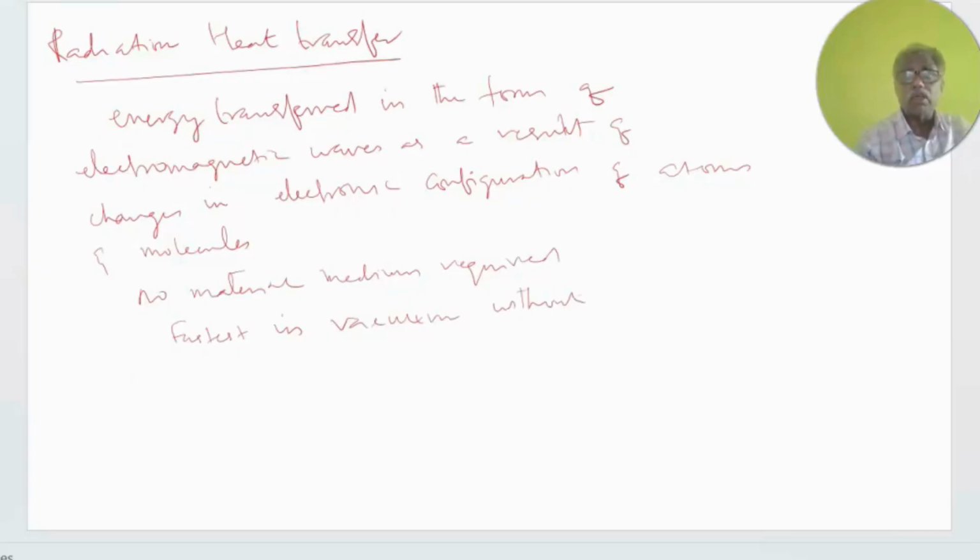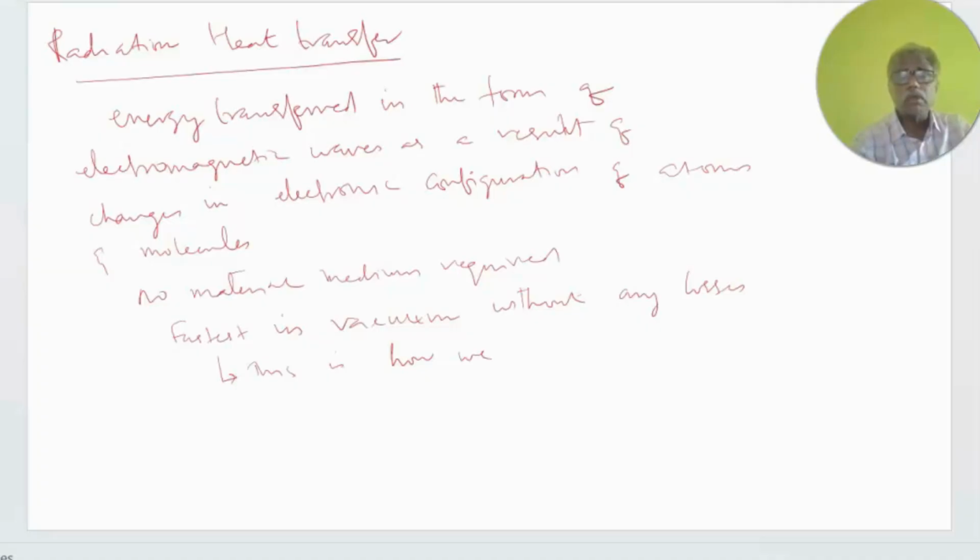Radiation occurs fastest in vacuum without any losses. This is how we receive radiation from the sun. We receive solar radiation.